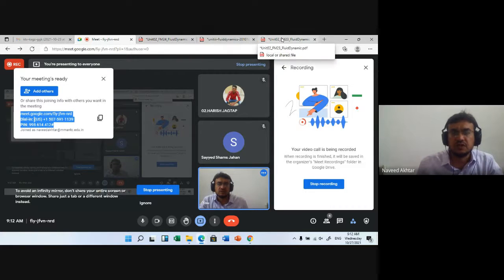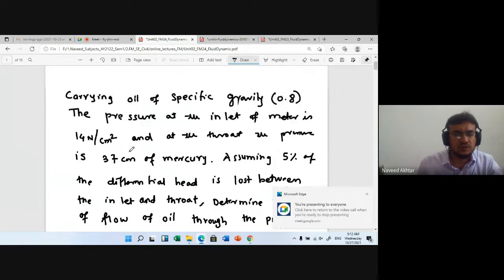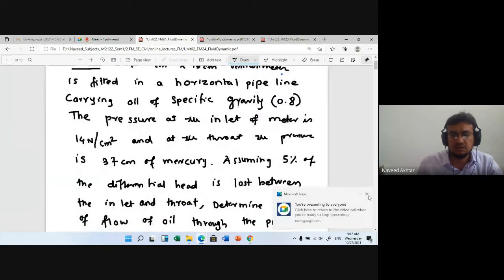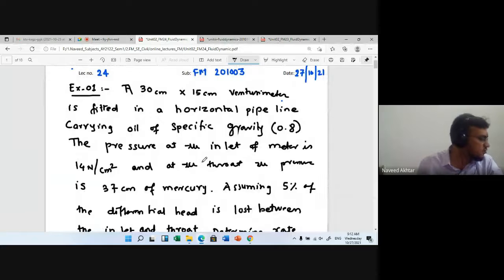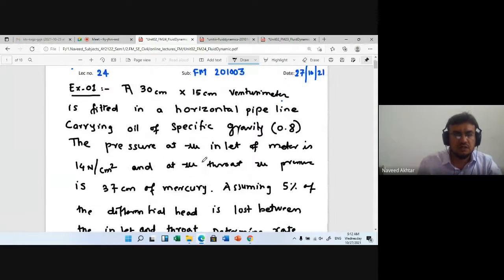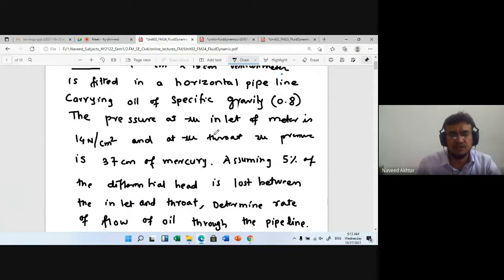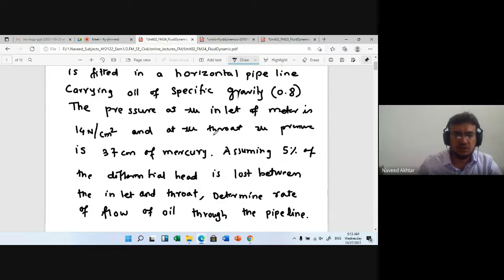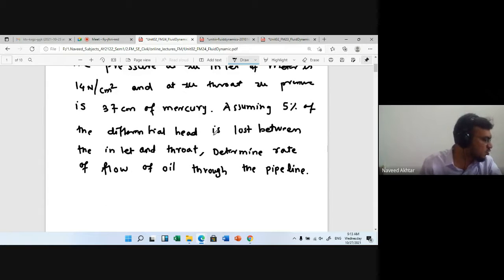In the case of the Venturi meter, a flow measuring device, a 30 centimeter by 15 centimeter Venturi meter is fitted in a horizontal pipeline carrying oil of specific gravity 0.8. So specific gravity of oil is given as 0.8.